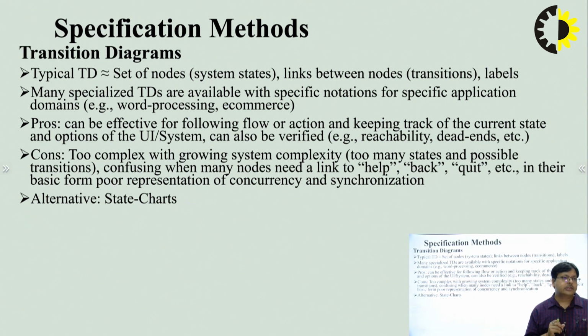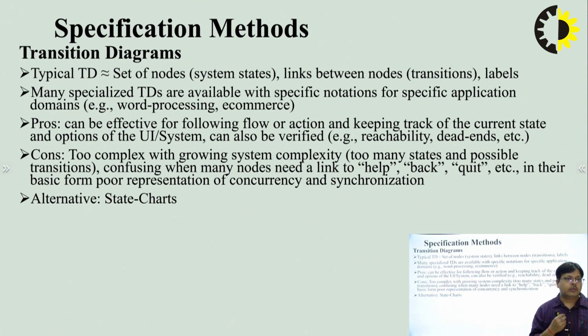What are the advantages of these transition diagrams? They can be effective for following the flow of actions and keeping track of the current state and options of the UI system, right? So easy reachability, and you are aware that there is no dead end, right? And what are the disadvantages of using this kind of approach?